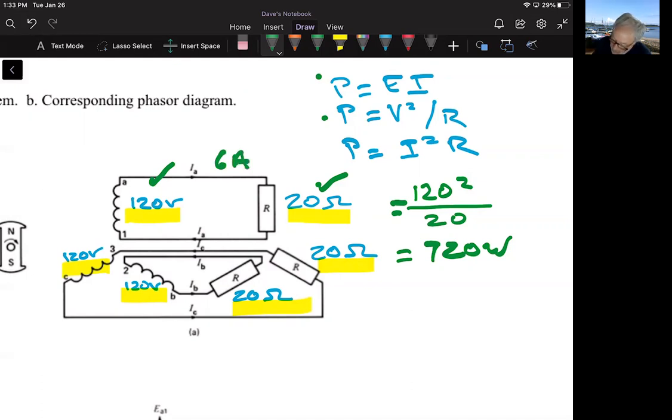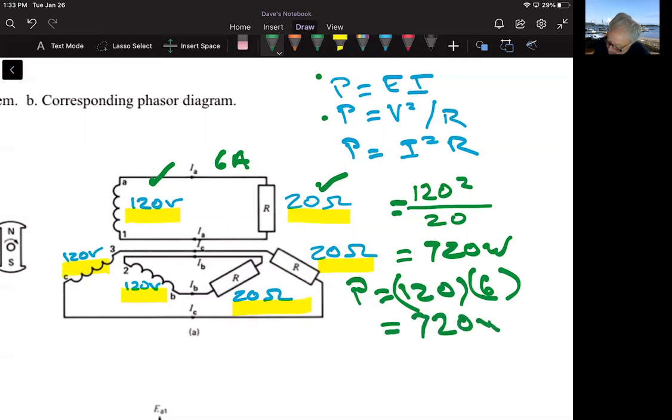And if I used the first version of the power formula, I would say 120 volts times 6 amps, and I would get 720 watts there as well. And of course, I could do the same thing with this. I could take the current squared, which would be 36 times 20, and I would get 720 watts there. So each one gets us to the same place.